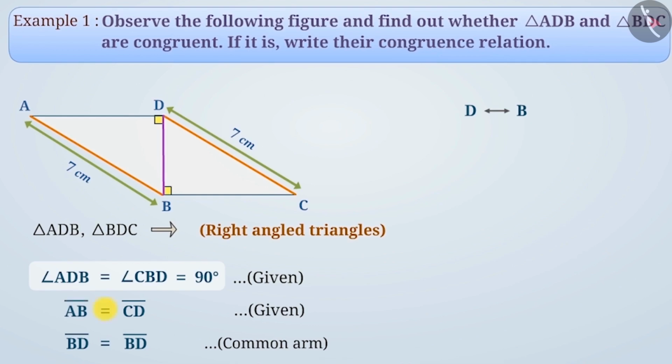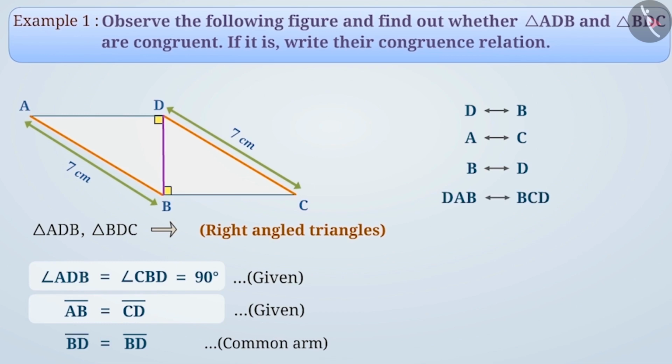Here, AB is equal to CD. And at first, we concluded that the vertex D is corresponding to B. Hence, we can say that the vertex A corresponds to the vertex C. Similarly, we can represent that vertex B corresponds to vertex D. In short, we can say that DAB corresponds to BCD.